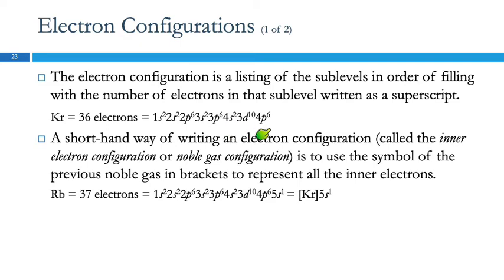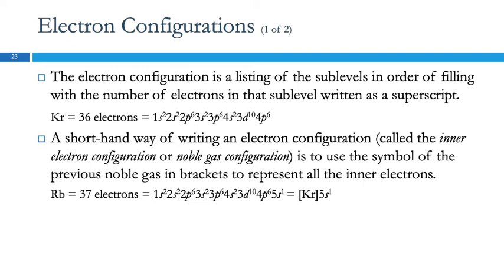Well, that gets a bit long and tedious, especially when you get to things like silver or something with even more electrons. So there's a shorthand method. It's called the inner electron configuration, or the noble gas configuration. I usually refer to it as the noble gas shorthand.